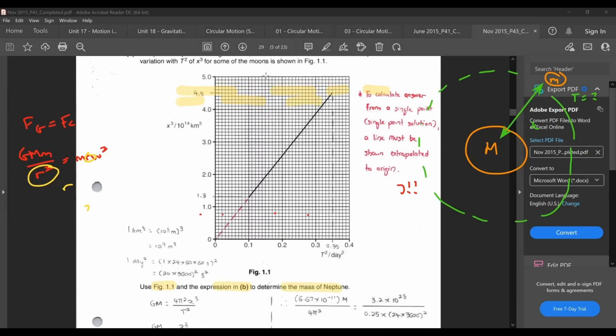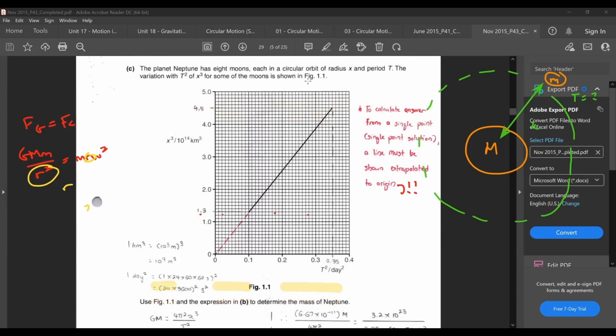Okay, so you have a planet called Neptune, and there are about 8 moons that orbit around Neptune. So say this one is Neptune now, and you have 8 moons that orbit around it, all at different radius, at different periods. Okay, there are 8 of them.